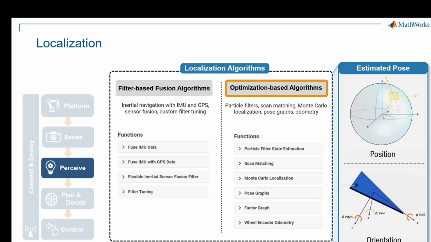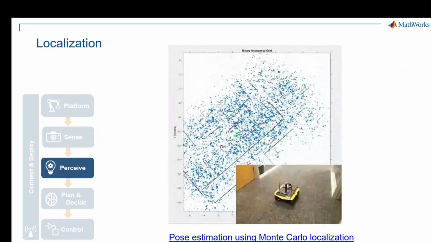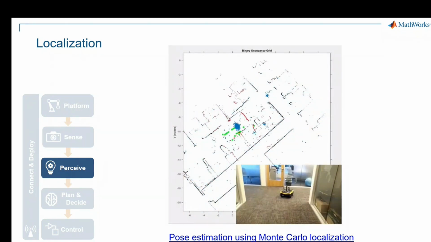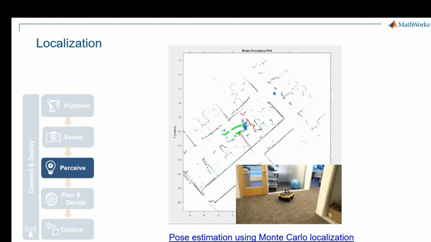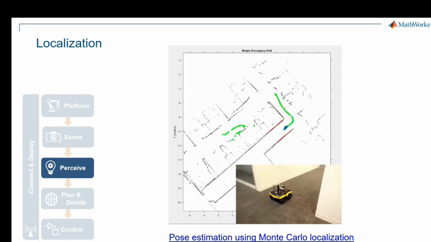And as I mentioned, the other group of localization algorithms are the optimization-based algorithms. A very classic type of optimization-based algorithm is the Monte Carlo localization, which is based on a particle filter algorithm. As you can see in the beginning, there are particles all over the map, and we are trying to relocalize this robot inside a known map.